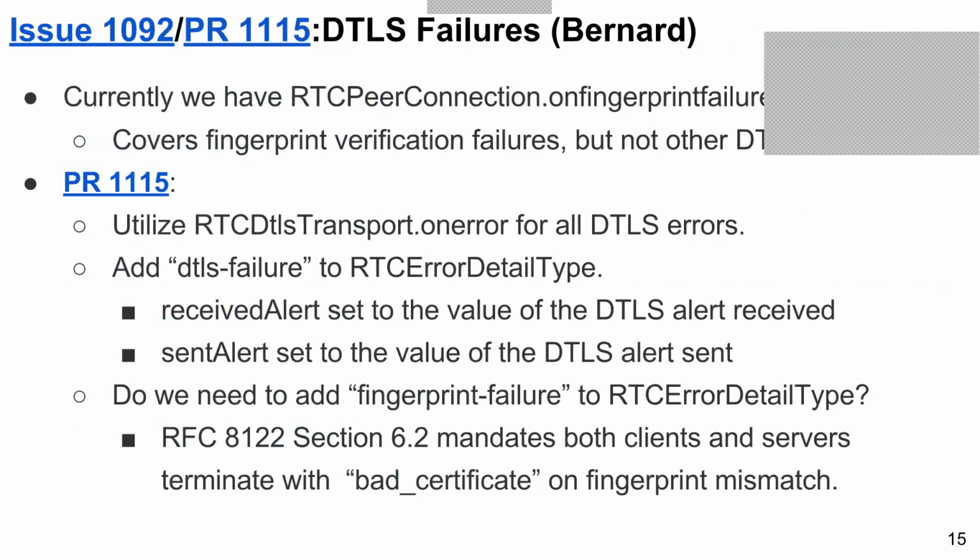So, comments? I'm not sure this changes what we should do at all, but I didn't actually realize that 8122 said that. No one does that. It's nearly impossible to implement. Yeah, it's nuts, right? Like, we're trying to mirror what TLS for HTTPS does, and HTTPS most certainly does not send an alert when the CN name doesn't match the name you're expecting.